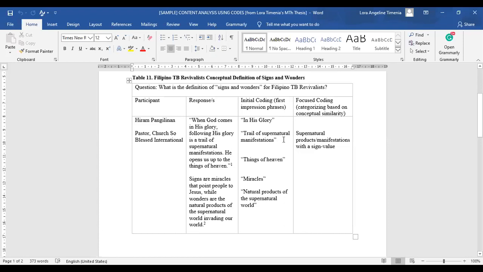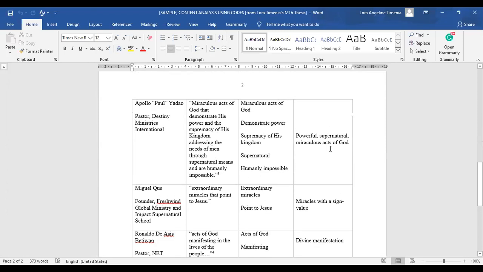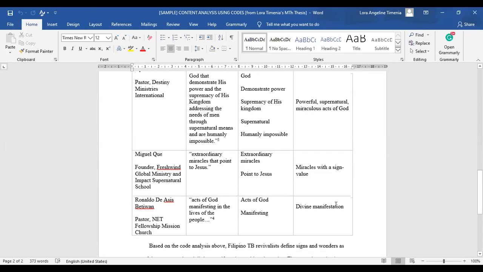The second coding is focus coding. Now that you have your first impression phrases, categorize these phrases based on conceptual similarity. So after I did the initial coding, I said, basically what he's trying to say is this, based on conceptual similarity. I did this for each respondent: respondent 1, initial coding, focus coding; respondent 2, response, initial coding, focus coding; respondent 3, respondent 4.